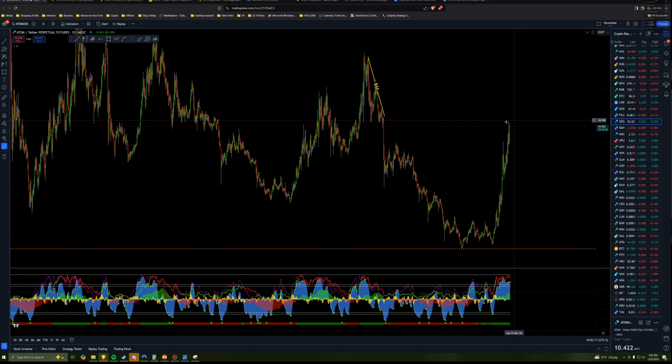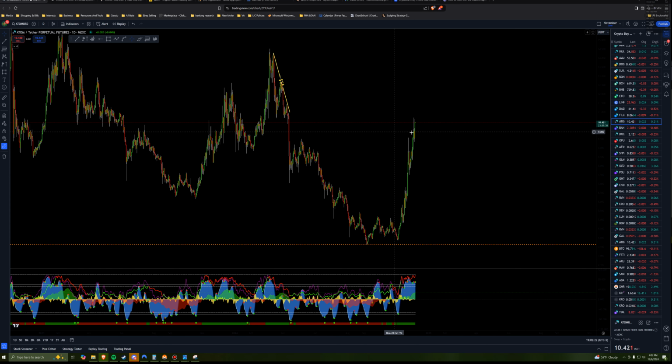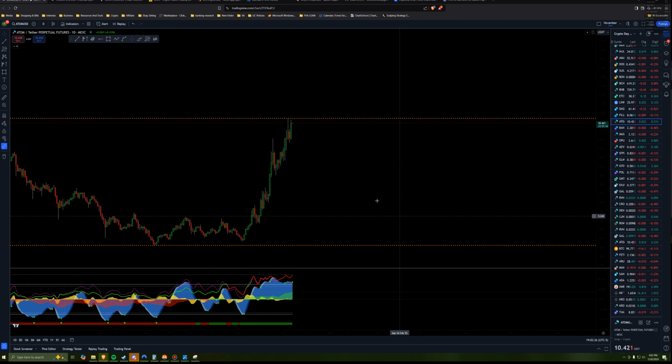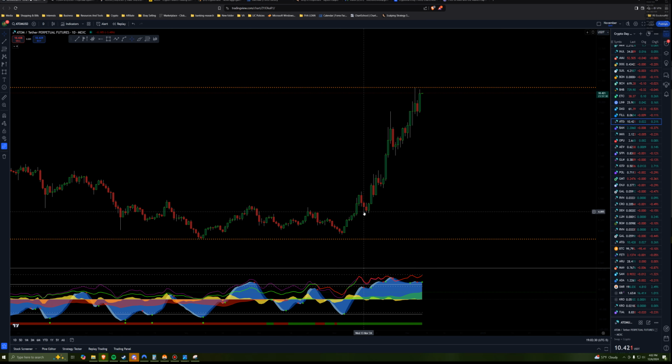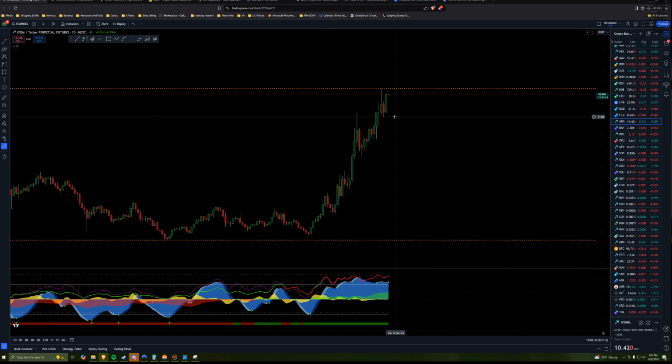You're not going to be buying up here against resistance. These are the times to be selling. That's when you should have been buying. You could have even bought these dips because market structure was telling you this is good to keep going higher. You don't buy the very top. Enough of that.